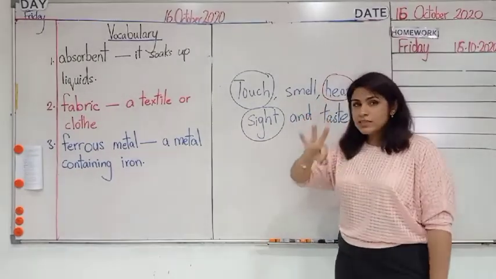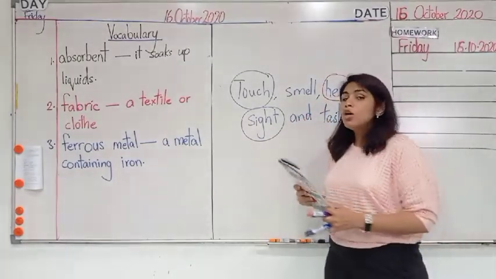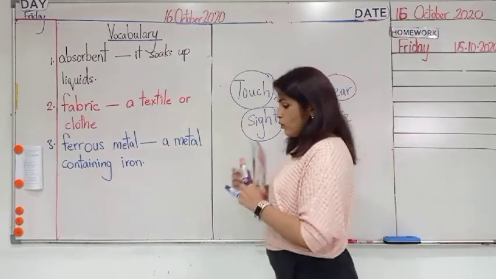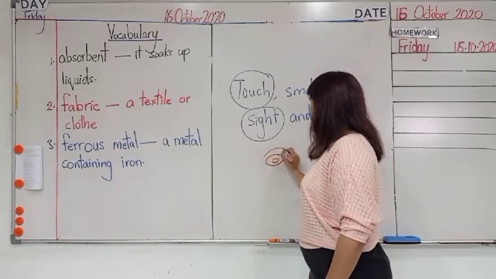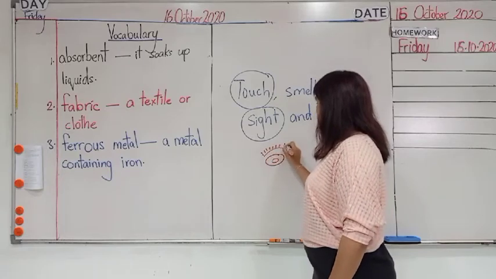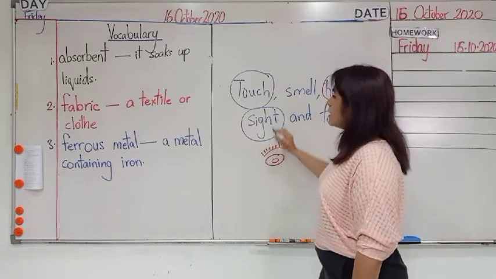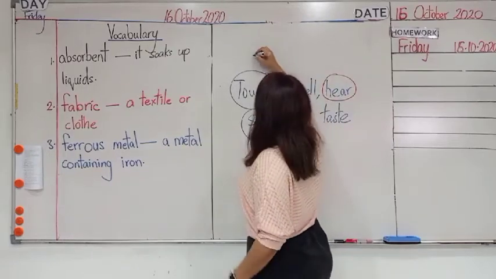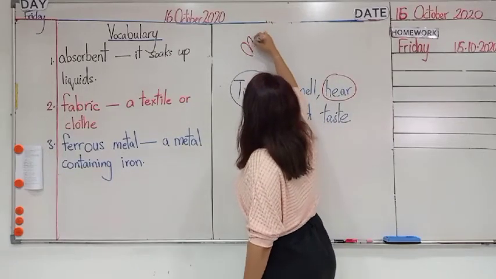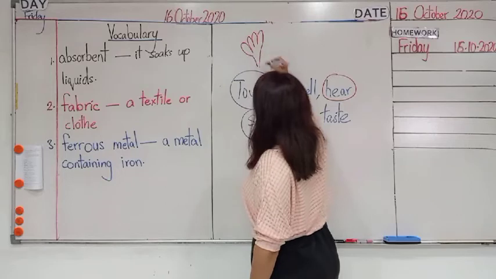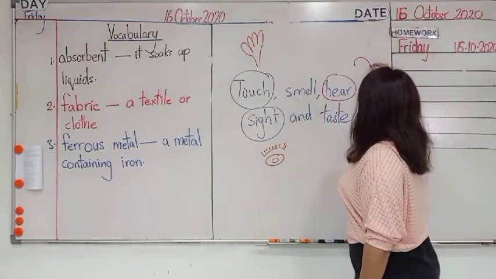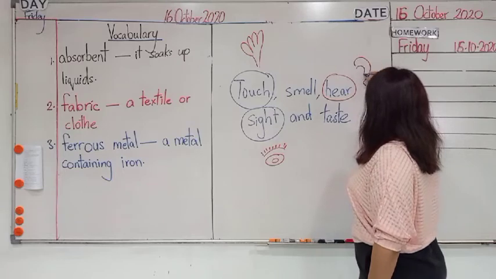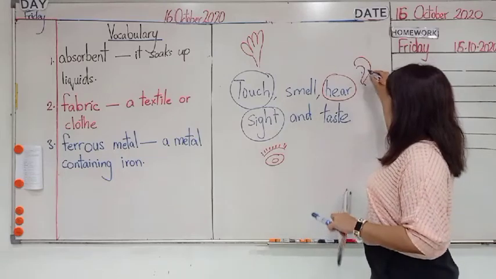So these 3 senses. Now I want you to circle the picture of an eye because it is sight. Circle the picture of a hand. And circle the picture of an ear.